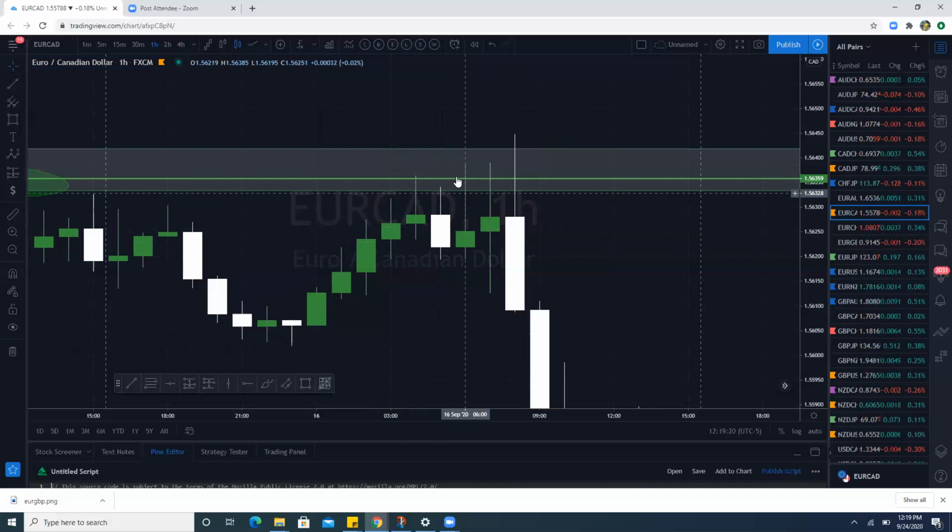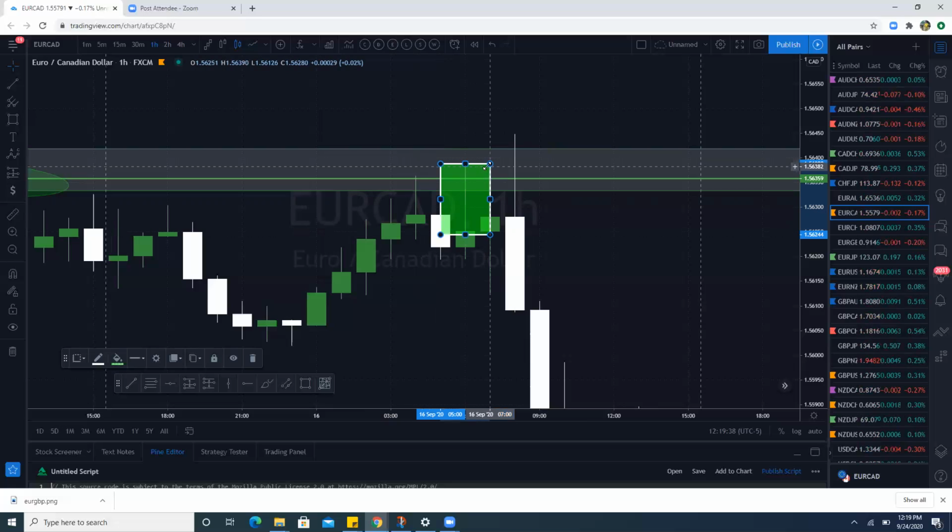So that was another rejection of that area. The market rejected that candle. This candle, at one point, looked like this. There was a point in that hour where that candle looked like that. It was a strong green candle, and then the sellers came in and drove it down.